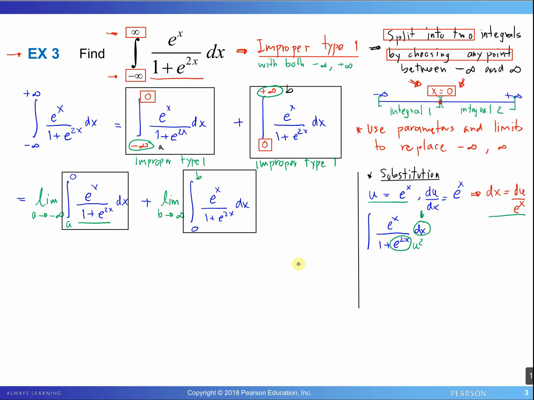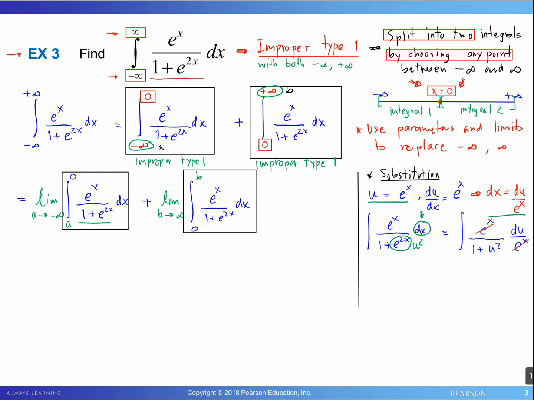And now we have this integral of e to the power of x divided by 1 plus u squared times dx, which is equal to du divided by e to the power of x. And maybe we got lucky here because this e to the power of x cancels with this one.